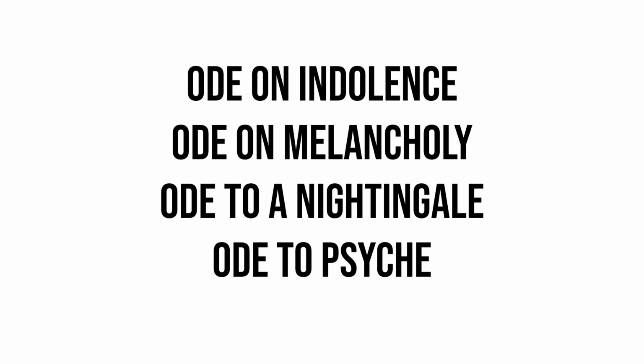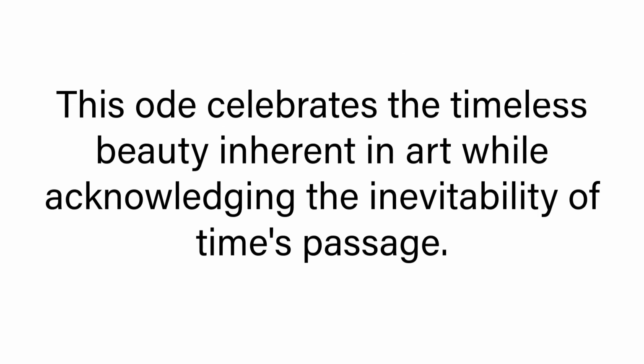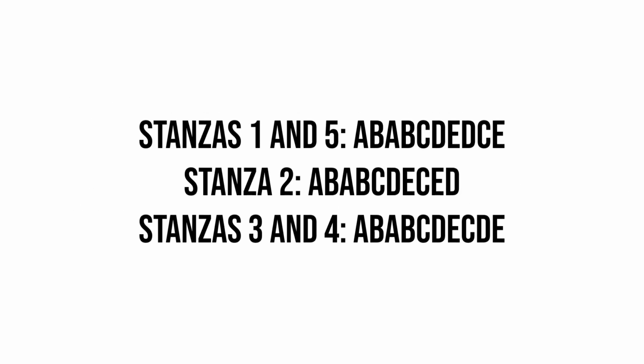So, the theme of this ode is to celebrate the timeless beauty inherent in art while acknowledging the inevitability of time's passage. And talking about the rhyme scheme of this ode, stanza 1 and stanza 5 have the same rhyming scheme A B A B C D D C, while stanza 2 is AB, AB, CD, E, CE, D. And stanzas 3 and 4 are AB, AB, CD, CD.